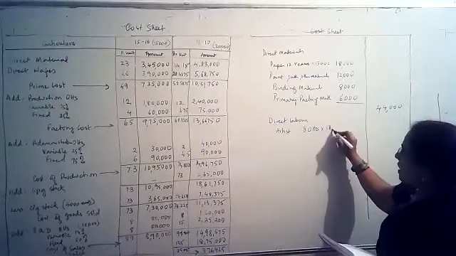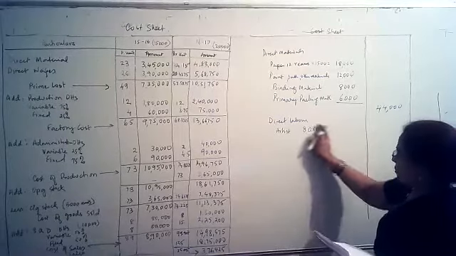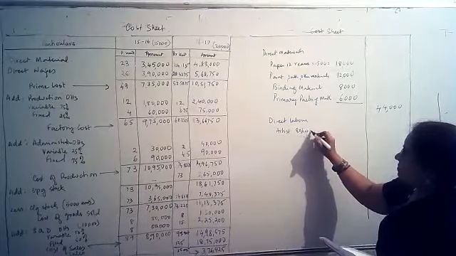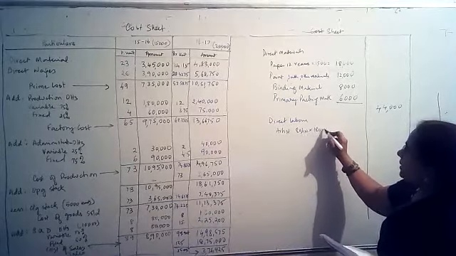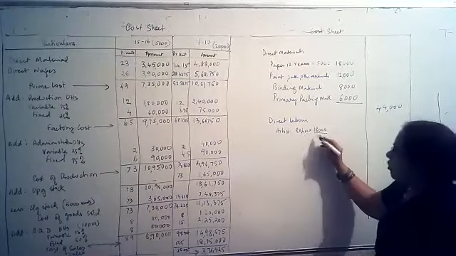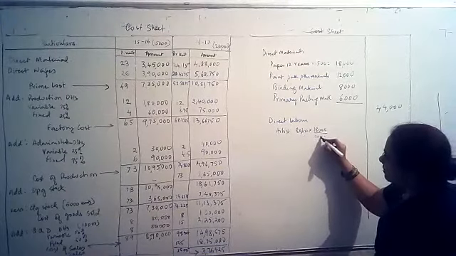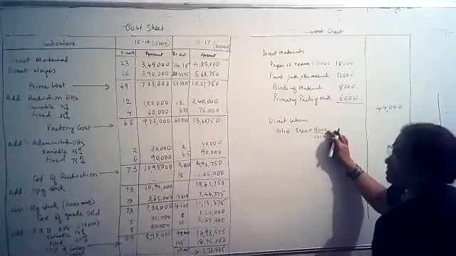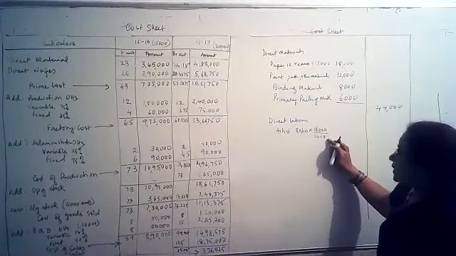Whatever we are paying, 80 hours into 18,000. 18,000 is paid for how many hours? It is paid for 20 days with 8 hours. So divide 18,000 by 20 into 8.